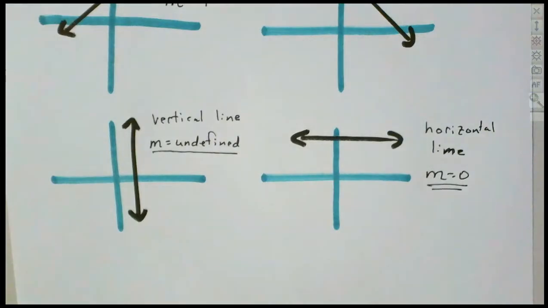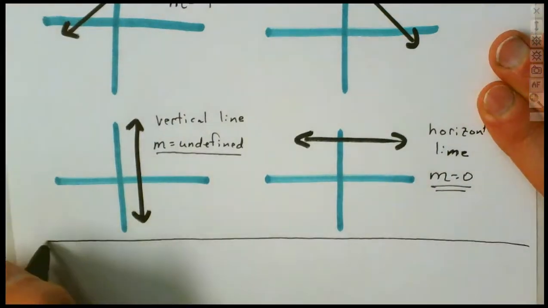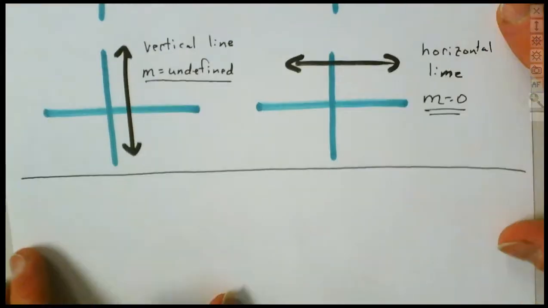Now we're going to be actually finding the slope. So I'm going to give you a graph, and we're going to have to go through the process of finding our slope. So you're going to be given a graph, and you're going to find the slope.